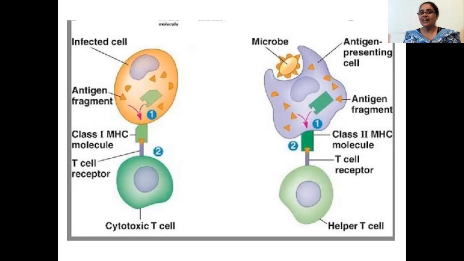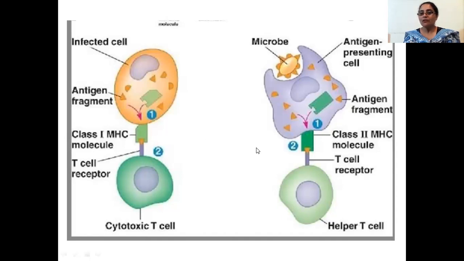They will process the antigen, and this processed antigen will fix into the groove of MHC class 2. And this MHC class 2 will then take it, flag it out and show it. And there the T helper cells will come, get activated, and the helper cell receptor will receive this MHC class 2.